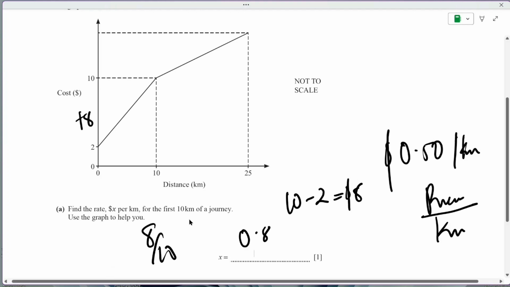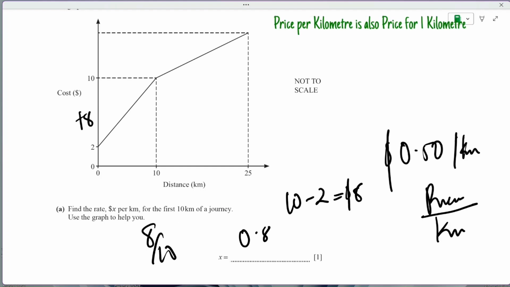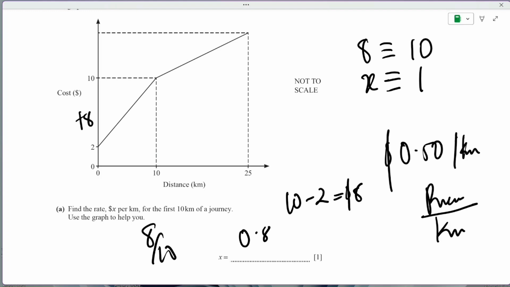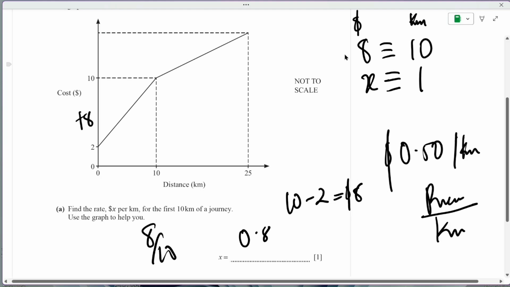Another way of doing this is, since they want the price per kilometer, price per kilometer also means price for 1 kilometer. You can also say since $8 is equivalent to 10 kilometers, then 1 kilometer is equivalent to how many dollars? You can make it X. You put the distance under themselves, that's the kilometers, then you put the currency, that's dollars, under themselves, then you cross and multiply.